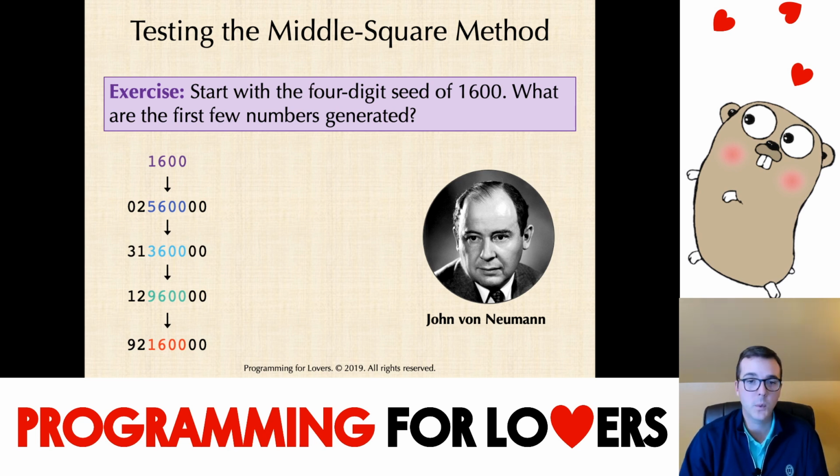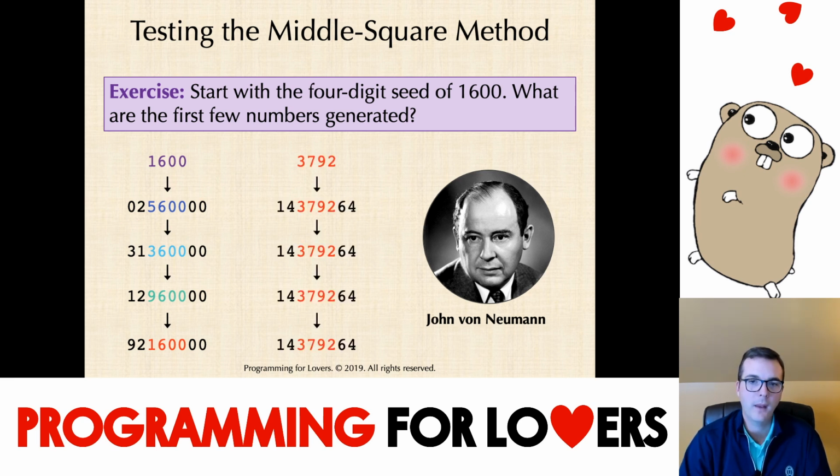And so one of the things that we would be looking for in a PRNG is that regardless of what seed we choose, we would hope that we would get a uniform possibility of all the different numbers that we could generate. And so here we're only going to get four-digit numbers, and this is horrible. And here's an even worse one.